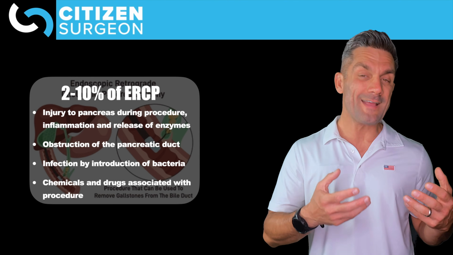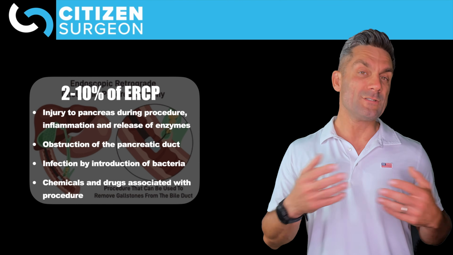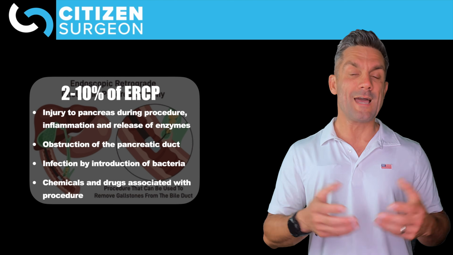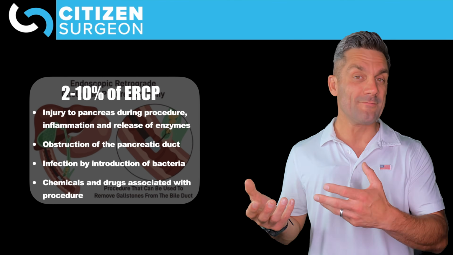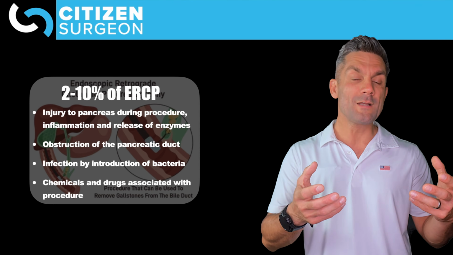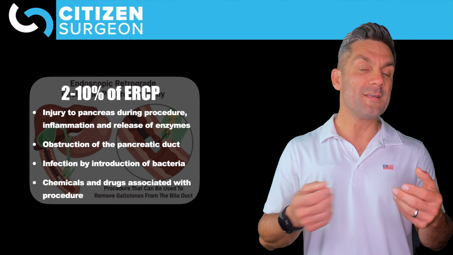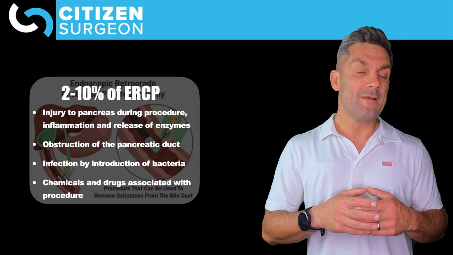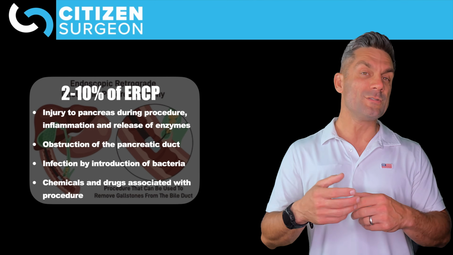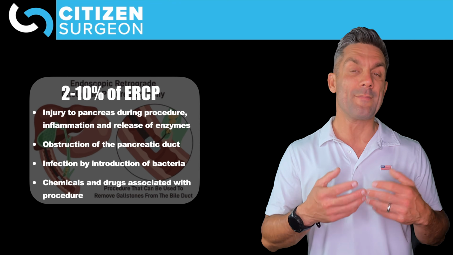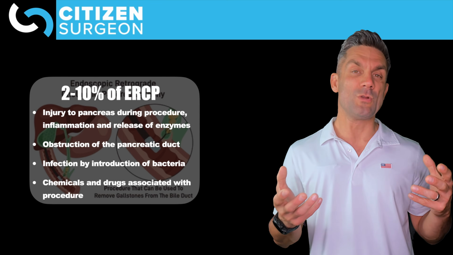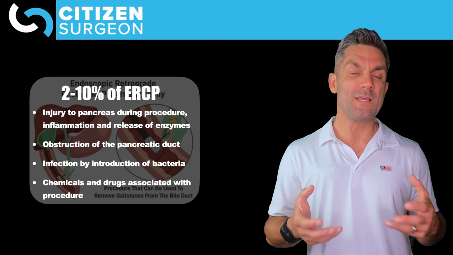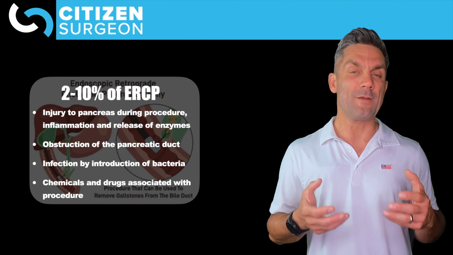If the bile is infected, the fluid within the pancreatic duct can infect the pancreas and lead to pancreatitis, infection and inflammation. Or it could be drugs associated with the scope itself, such as the sodium bicarbonate used to flush the duct, or the chemicals used to clean the scope. So it's not entirely understood why, but these are all the reasons that ERCP may lead to acute pancreatitis.